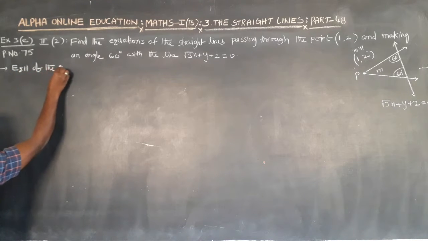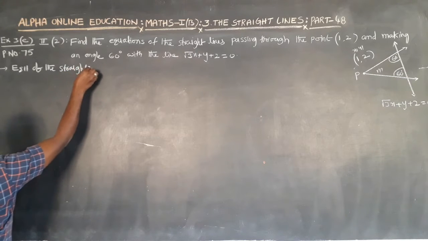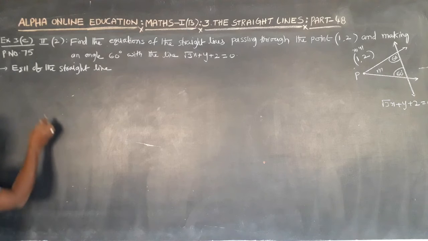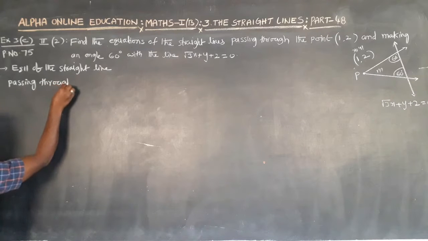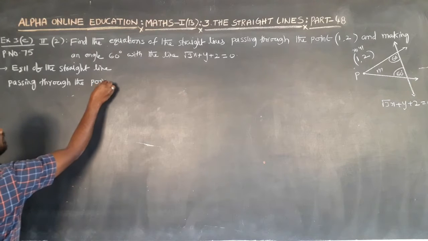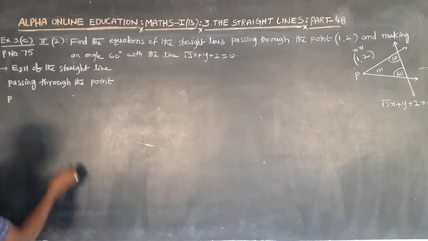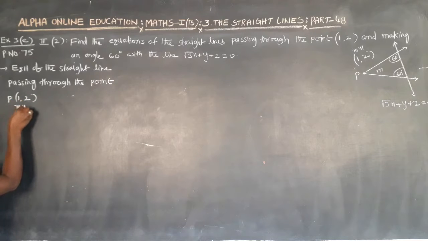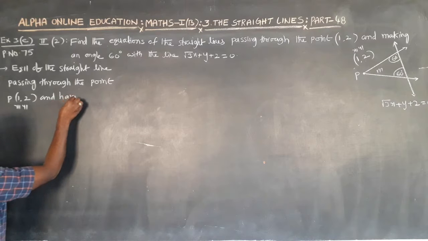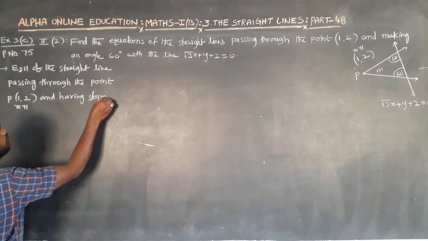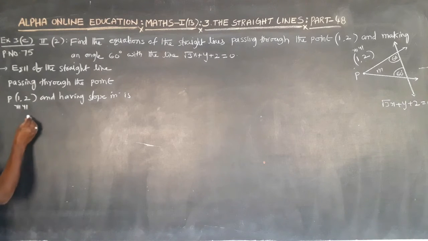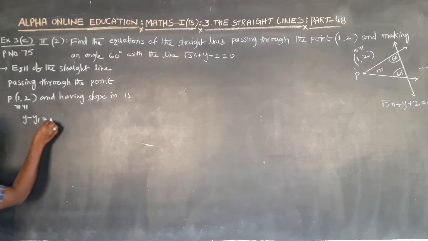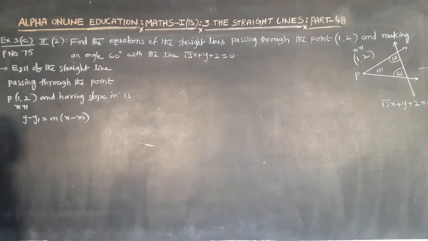The equation of the straight line passing through the point P(1, 2), that is (x1, y1), and having slope m is y minus y1 is equal to m into x minus x1.